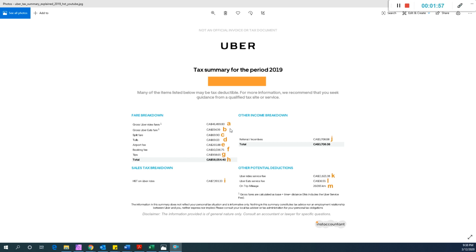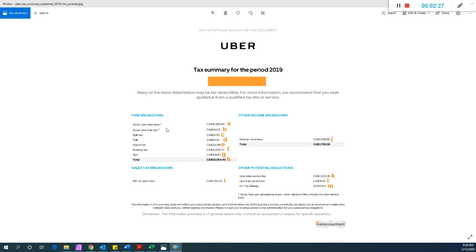The first thing, labeled A, is gross Uber rides fare. This is the basic amount that the driver charges the riders for taking them from point A and dropping them off at point B, from pickup point to destination. It's calculated on the basis of the distance that you traveled, number one, and the time that you spent on that trip.